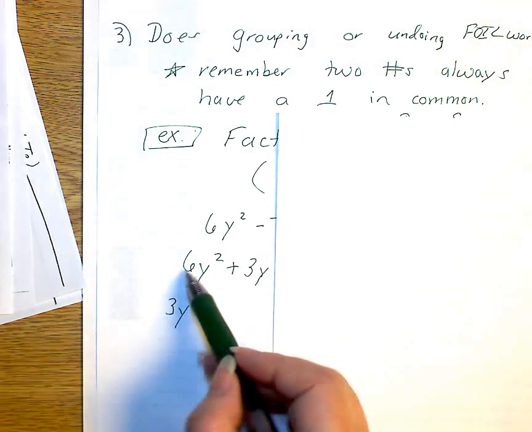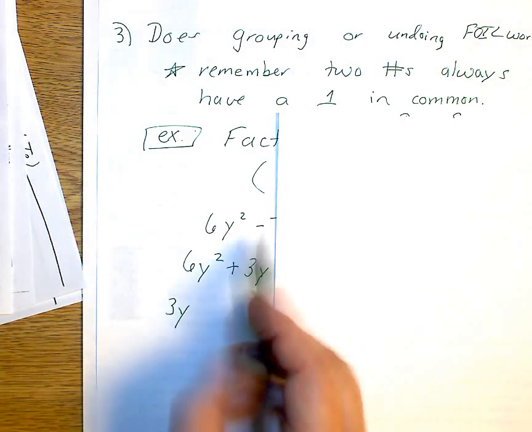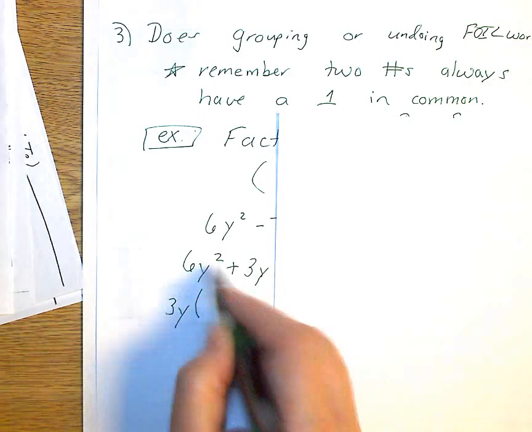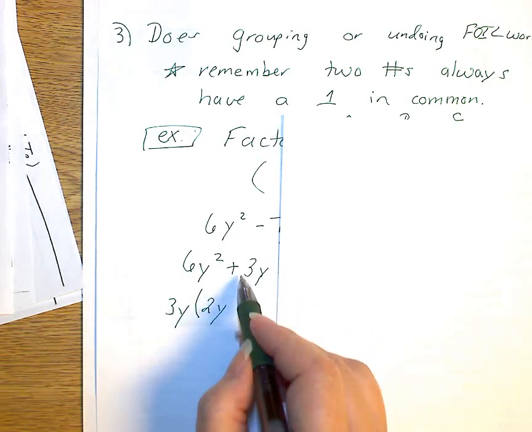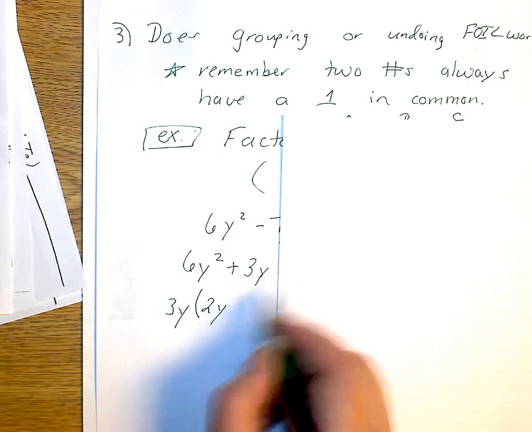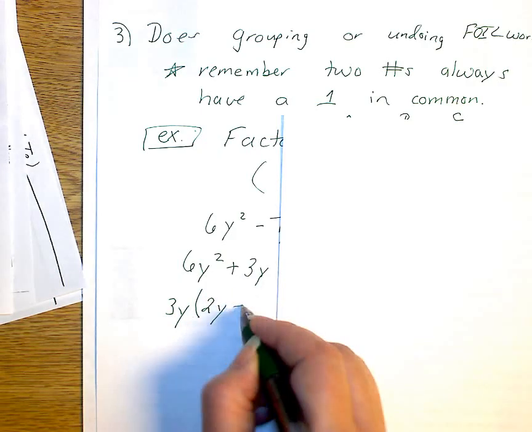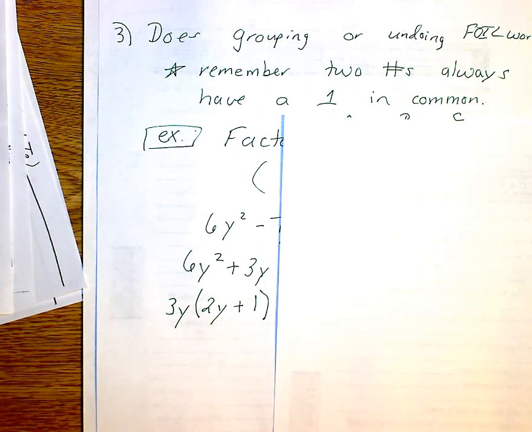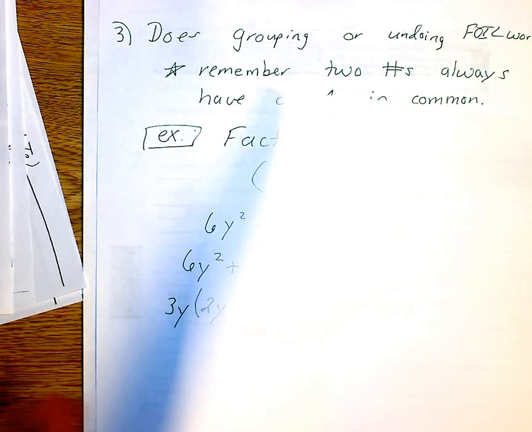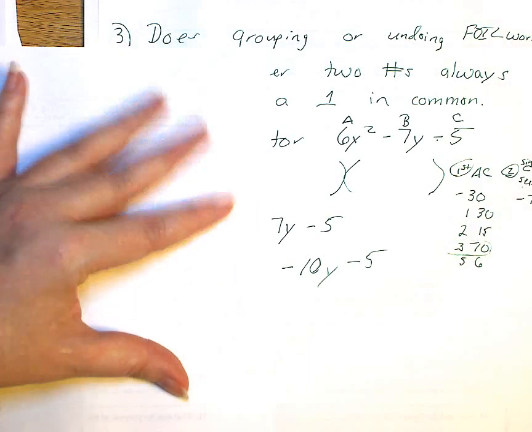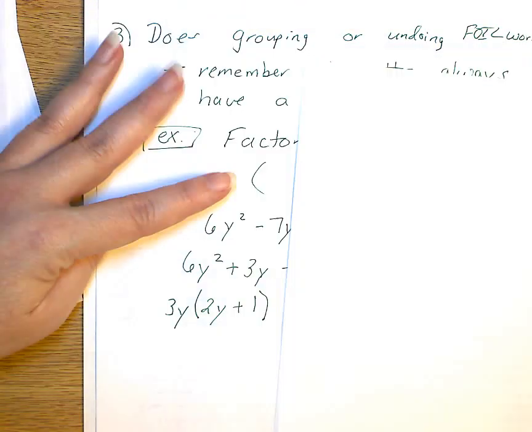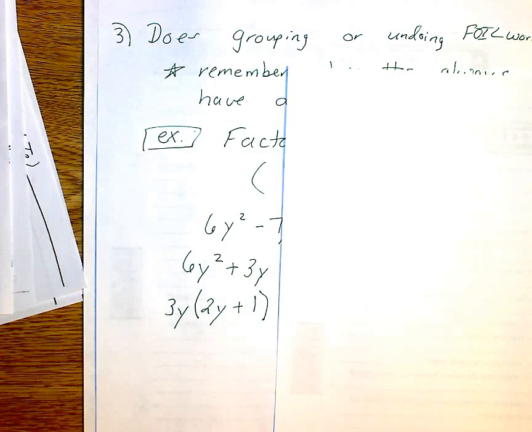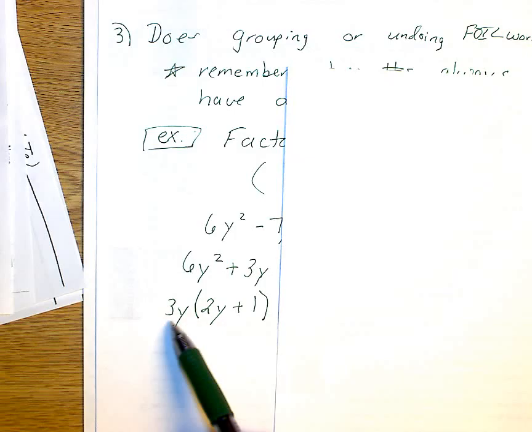So what do we have left? 6y squared divided by 3y is 2y. And I had 3y and I'm pulling out 3y, so 3y divided by 3y is 1.